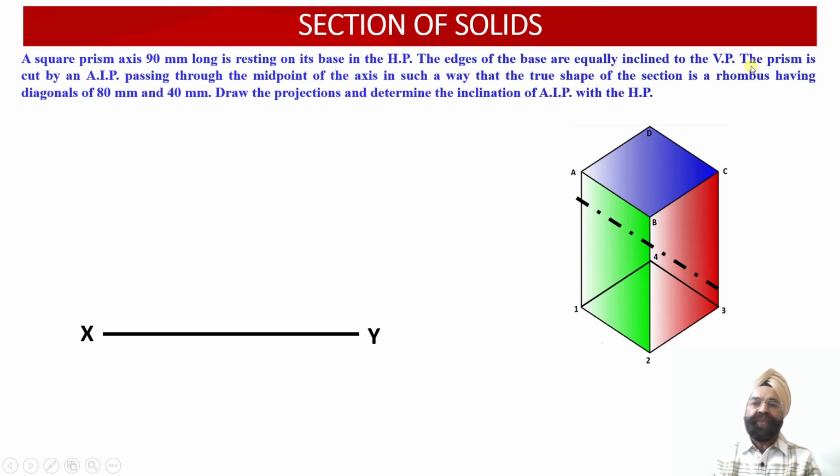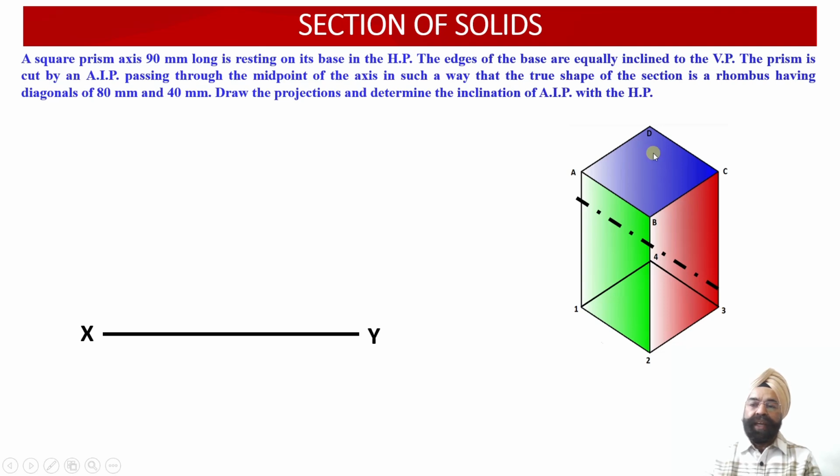Now, as we have discussed, we have not been provided with this dimension, that is the edge of the base. Rather, we have been provided with the information that the minor diagonal of the rhombus corresponding to the cut section will be measuring 40 millimeter. So now, corresponding to the true shape of the rhombus which we are going to obtain over here onto the AIP, which will be drawn parallel to the cutting plane, this minor diagonal dimension of 40 millimeter will correspond to these two corners of the square prism base over here.